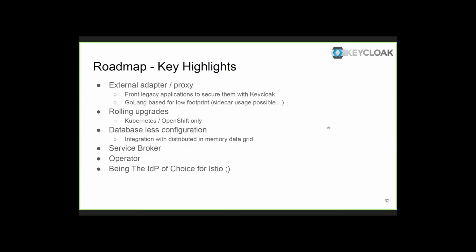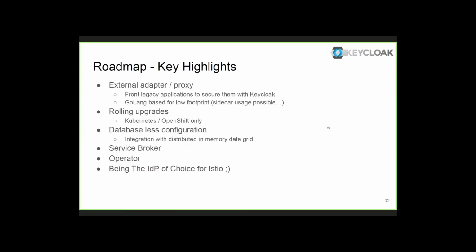We will keep investing in the OpenShift and Kubernetes space with service broker, operators, and capabilities like rolling upgrades. That's high on our list. We are also considering investing in database-less configuration.